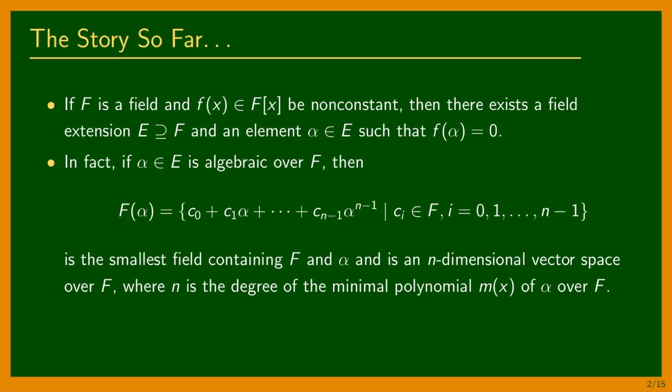It contains linear combinations of 1, alpha, up to alpha to the n minus 1, right? And it's the smallest field containing F and alpha, and is an n-dimensional vector space over F, where n is the degree of the minimal polynomial m of x of alpha over F. Ito yung nagsasummarize ng previous lesson. Di ba? Yan yung ginawa natin last lesson.